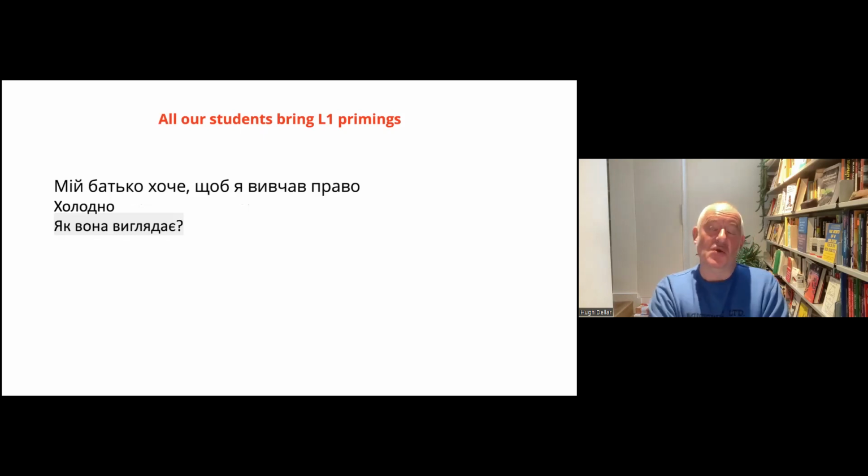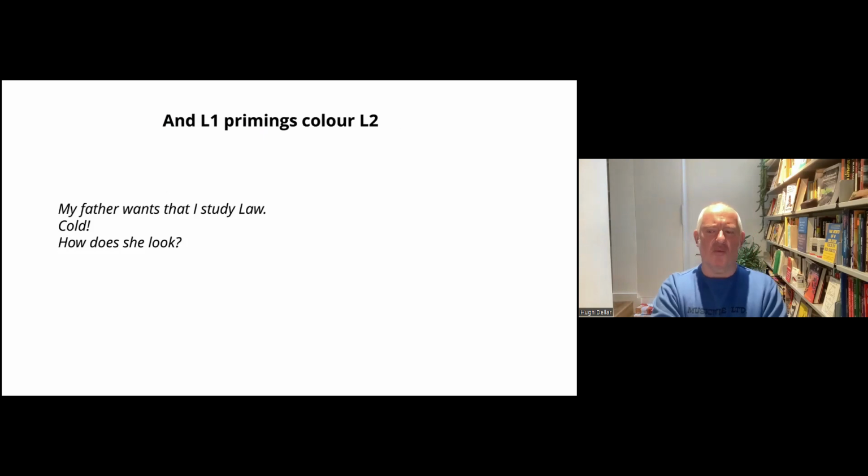If you're a Ukrainian student, for example, okay, and in your mother tongue, you might express yourself in these particular ways. You probably don't need me to tell you that what then happens when you're learning English is you say things like, my father wants that I study law. Or maybe you just say, oh, cold, okay? Maybe you ask, how does she look?